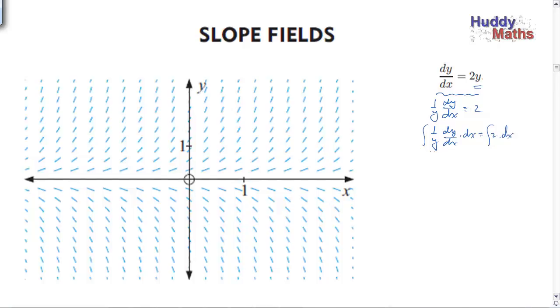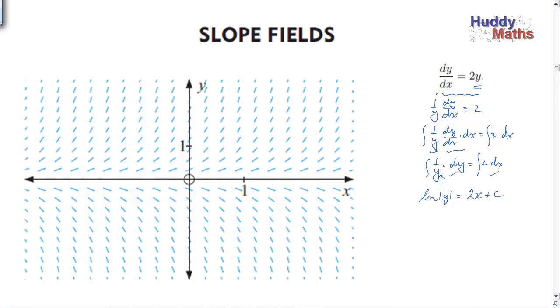We recognise this form. It's come from the chain rule. So the integral of 1 on y dy equals the integral of 2 with respect to x. Integrating 1 on y, the reciprocal function, is ln mod y equals 2x, and just put one constant of integration, combining the two constants of integration coming from those two steps.